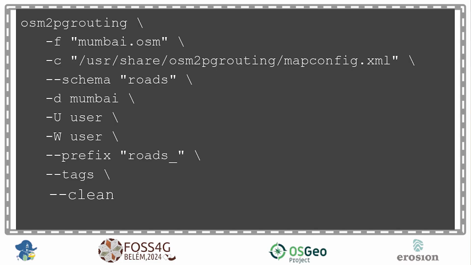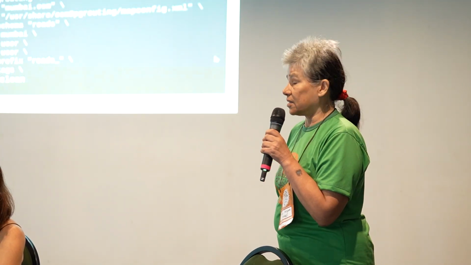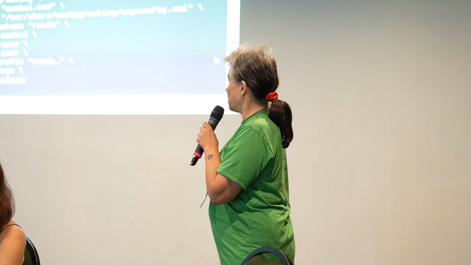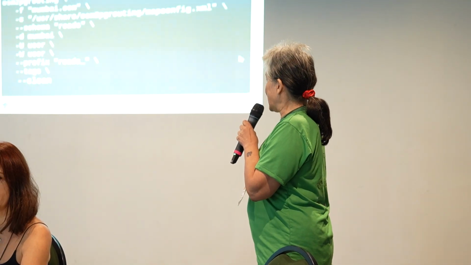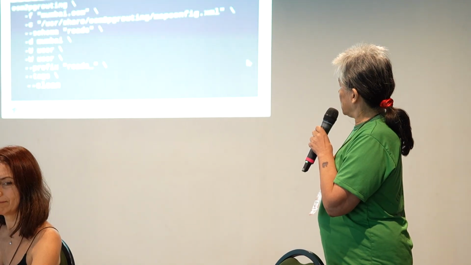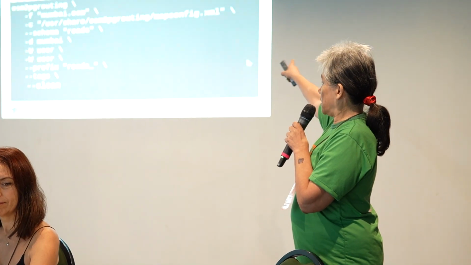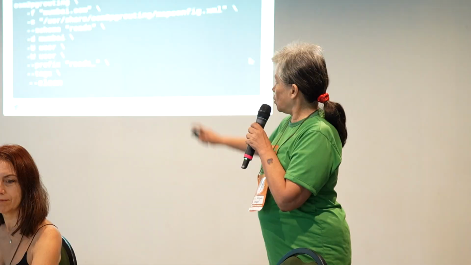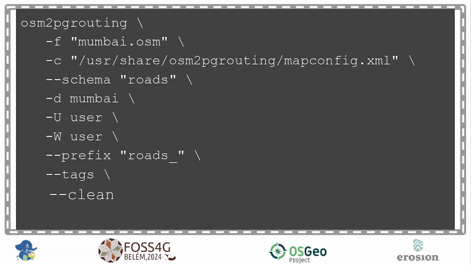Once we have it unzipped, we're going to be using one of pgRouting's products, osm2pgrouting, to import it to the database. We're going to be using a map configuration for roads, and the schema roads on the database named Mumbai.